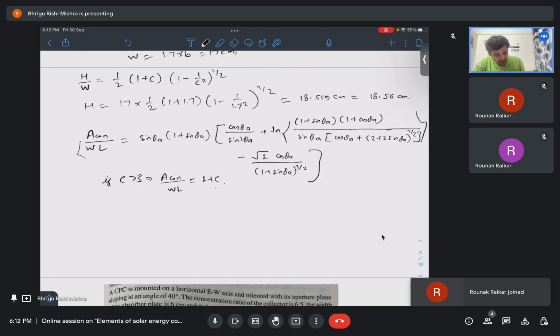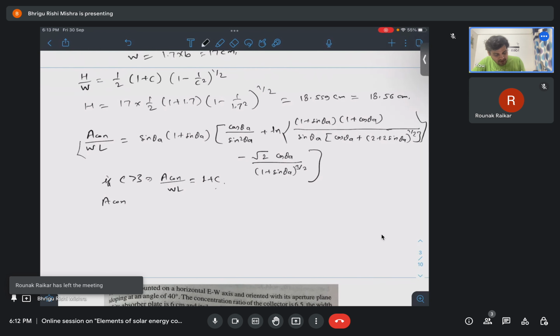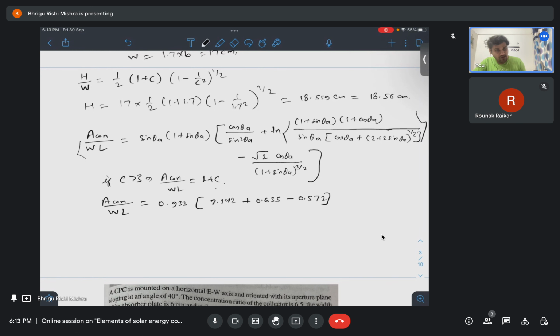then you will get A concentration by W into L equals 0.933 into 2.342 plus 0.635 minus 0.572, and then taking W to this side.